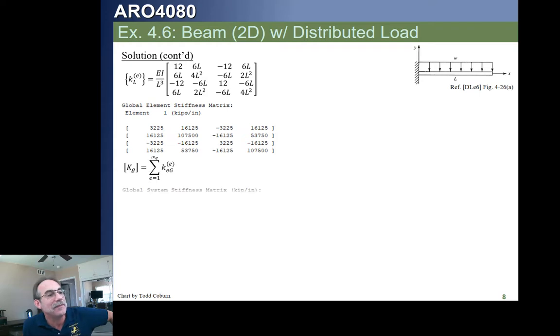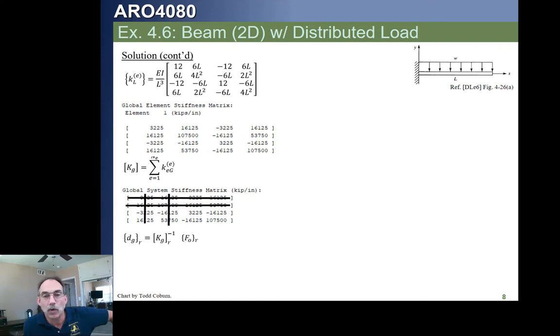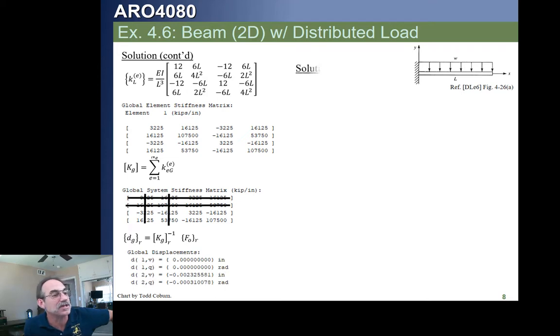So we can eliminate those parts of the global stiffness matrix. Bang, pop. That gives us our reduced global stiffness matrix. We can multiply that by our forces, which include FO. In this case, FO is the only part of those forces, and that gives us our deflections.